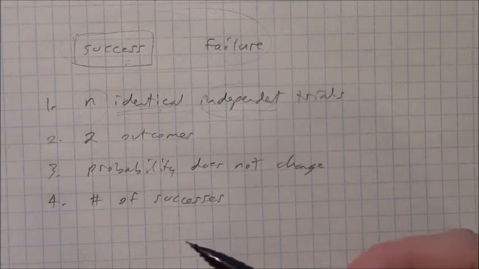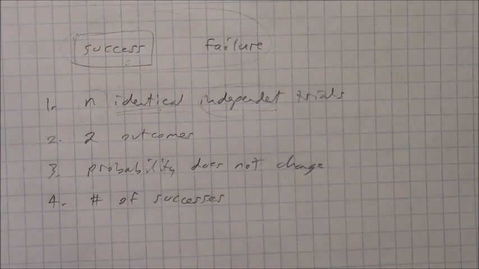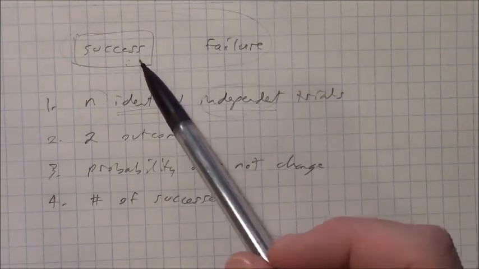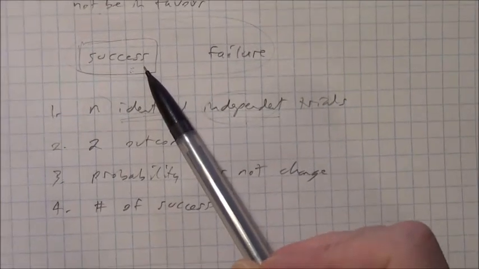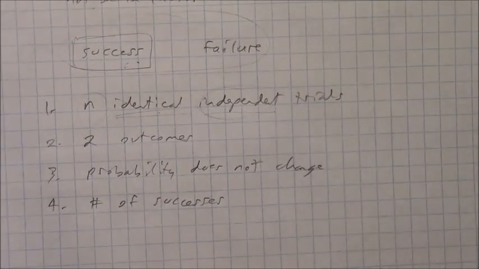We just want to know, out of say 10 trials, how many times will there be whatever outcome we are looking for as a success. So we're just looking for that, and about the failures we don't really care.